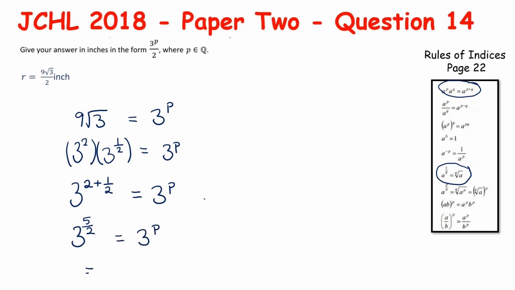That means that p is equal to 5 over 2. So our final answer is going to be r equals 3 to the power of 5 over 2, all over 2. And this is in centimeters.